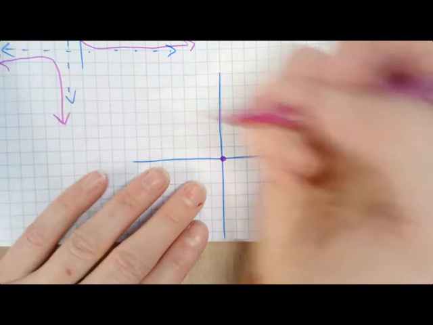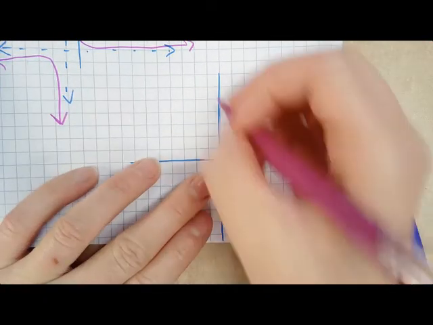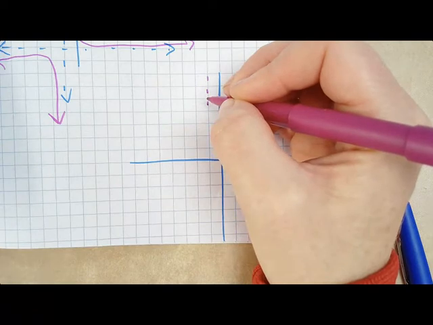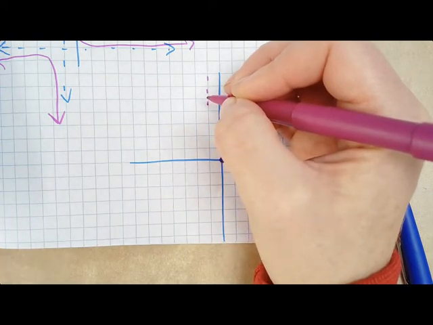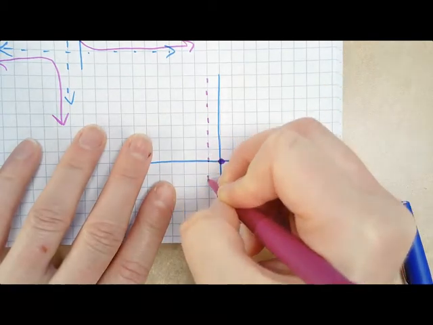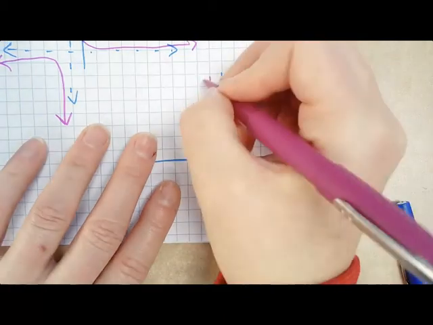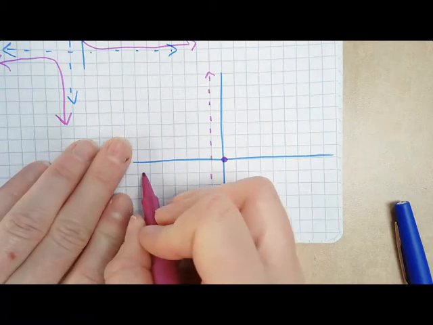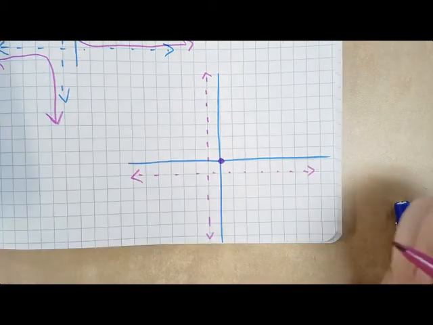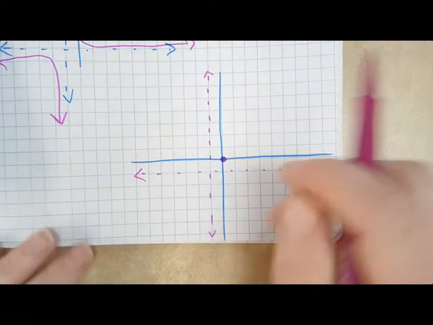And then we are going to do a vertical asymptote, so the vertical one's at -1. And then our horizontal asymptote is at -1.